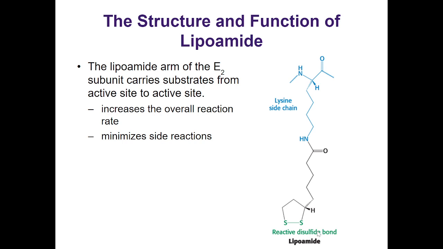Okay. It will increase the overall reaction rate for this reaction because, again, instead of trying to do it all in one go, you're breaking it up into multiple, much smaller barrier reactions, right? And so you can go across it much faster. This is going to minimize your side reactions. What did we say about those thioester linkages?